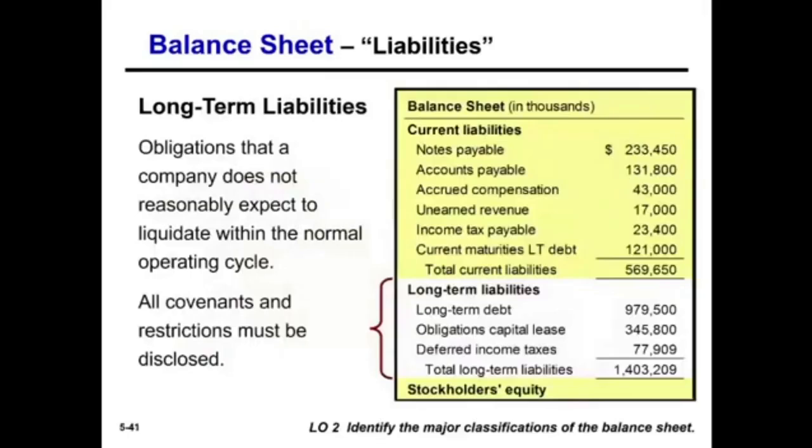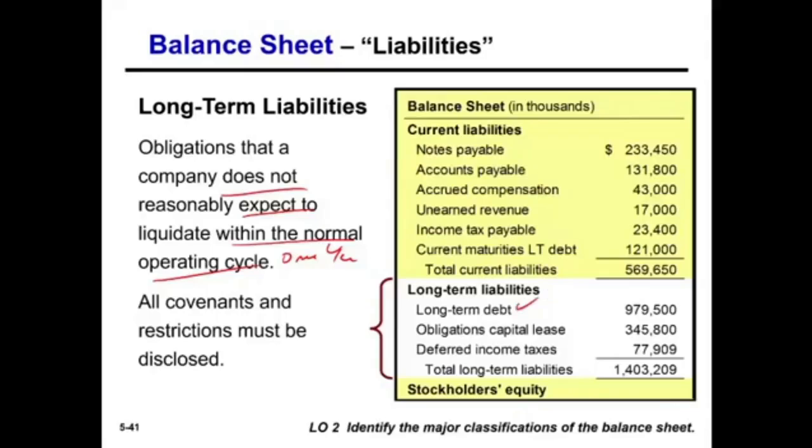The next thing we look at is long-term liabilities. Long-term liabilities are obligations that we do not reasonably expect to be liquidated within the operating cycle, which we assume to be 1 year. So those are liabilities that will stay with us longer than 1 year, okay? Like what?